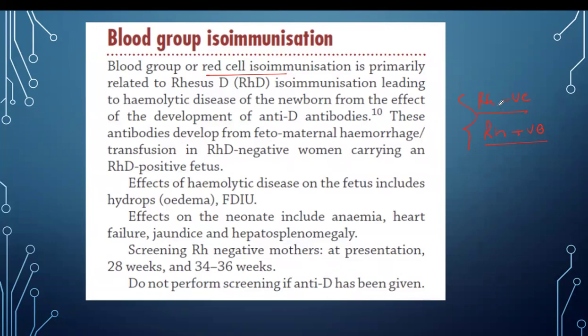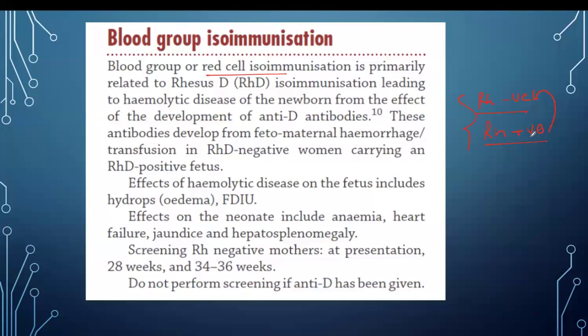So if the baby's blood goes into the mother's blood, the mother's body will think this Rh positive blood is an antigen, and the mother's blood will form an antibody against it.